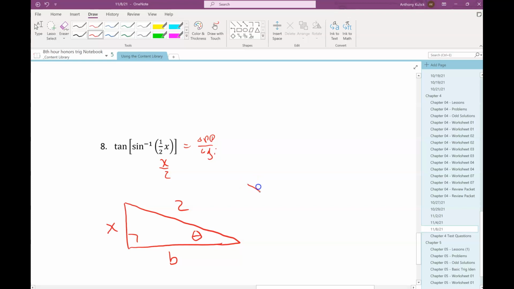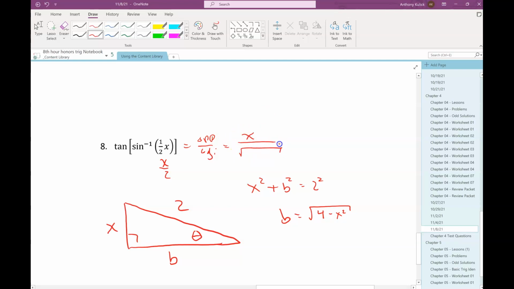So using the Pythagorean theorem, I have x squared plus b squared is equal to 2 squared. So b is just going to be the square root of 4 minus x squared, right? Okay. So the opposite is x.